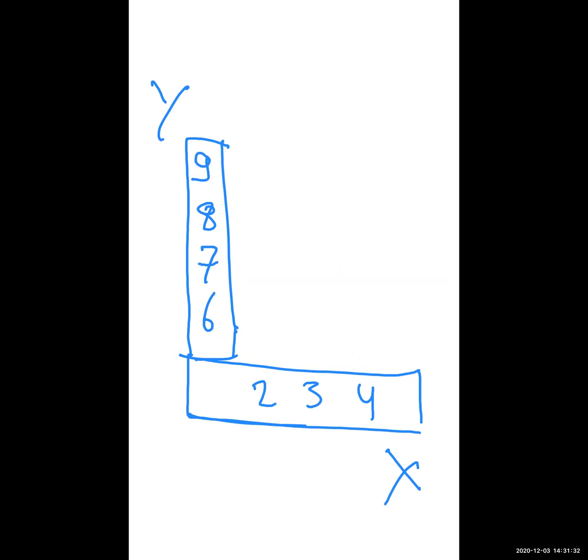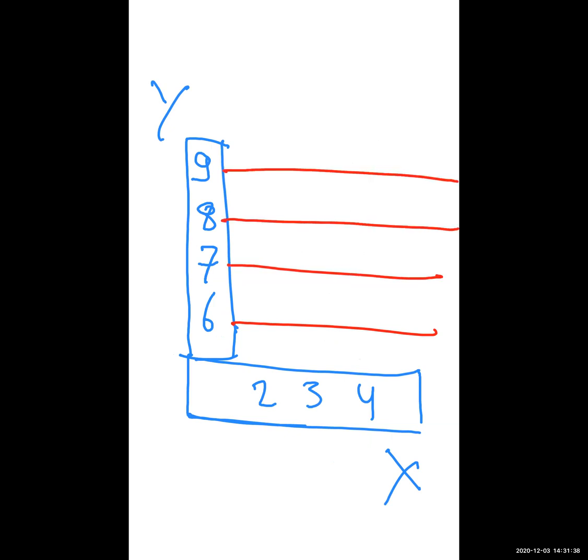And now the perpendicular axes like this, and the elements will be like this: 1 point here, 1 point here, 1 point here.